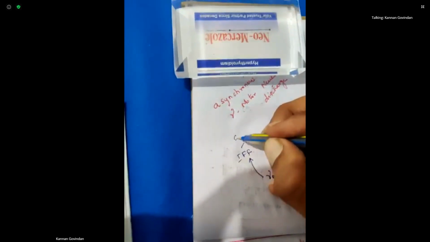This gamma motor neuron will activate the intrafusal fibers, which go for contraction. There is a change in muscle length. This will activate type 1A and type 2 fibers, which will activate the alpha motor neuron. Activation of the alpha motor neuron will partly activate the extrafusal fibers, resulting in partial contraction.